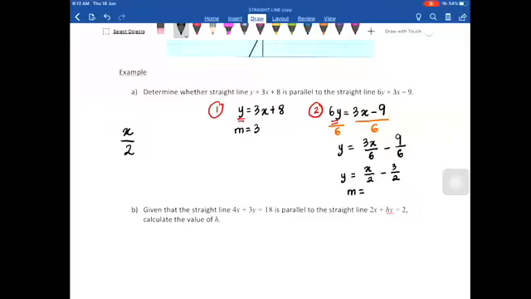Okay. Ini kan 1/2x, x over 2. Jadi, my coefficient is 1/2. So, gradient is 1/2. Kalau kamu tengok, M1 dengan M2 saya is not the same.